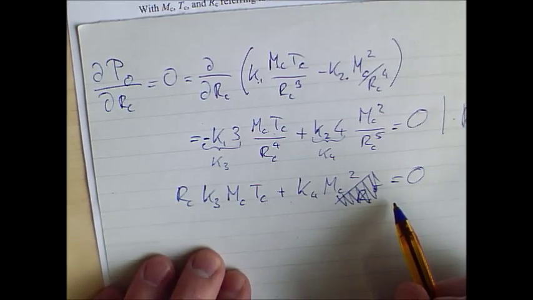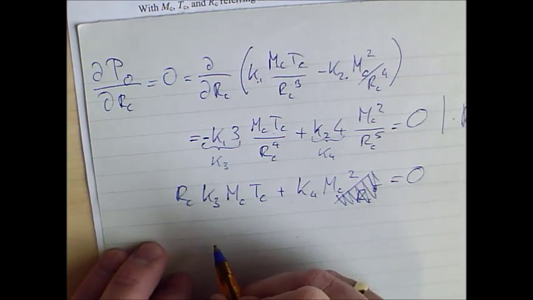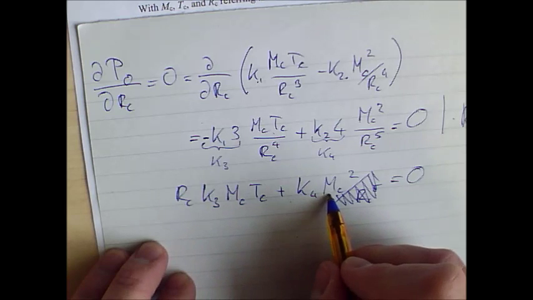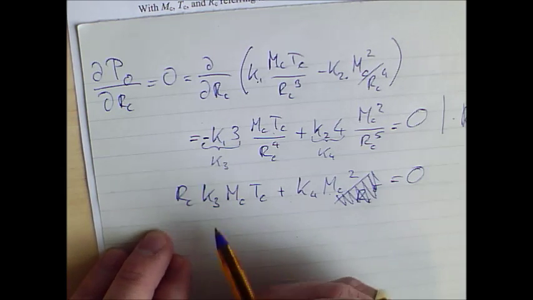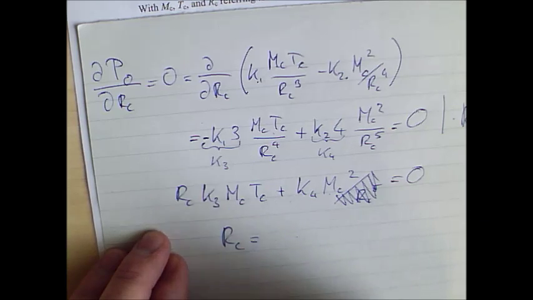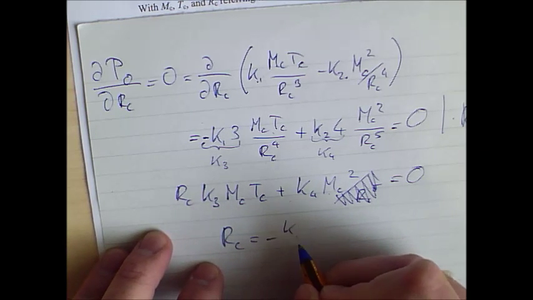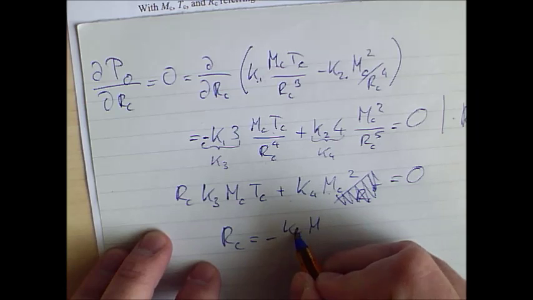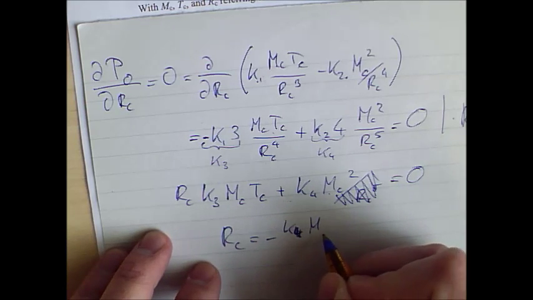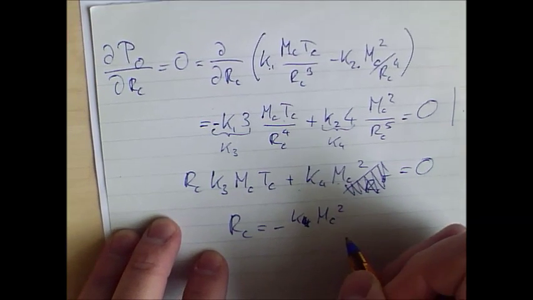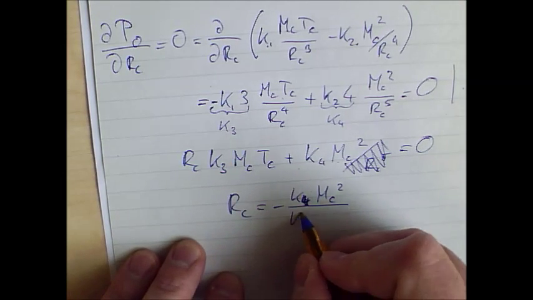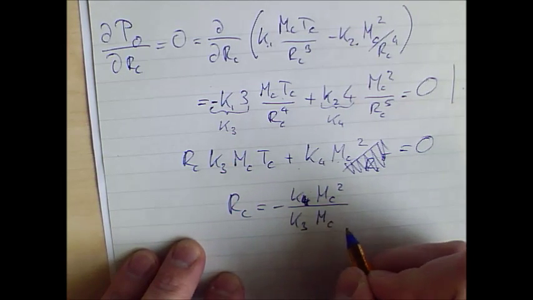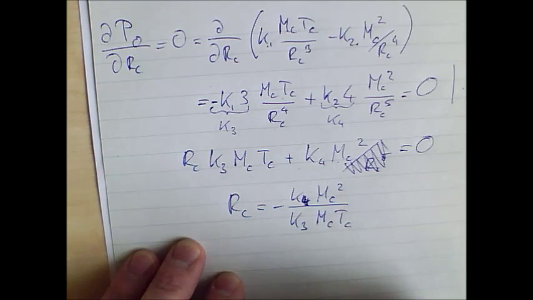I can now rearrange this to a scaling relationship. First I can bring this over to one side and isolate the RC, so that's going to give me K4 MC squared over all of this side, K3 MC TC.